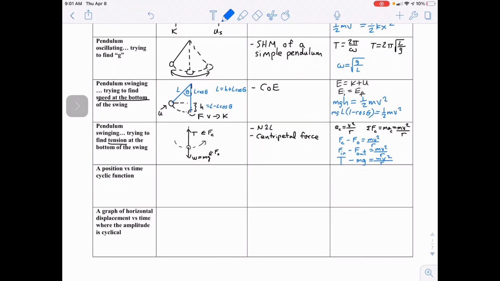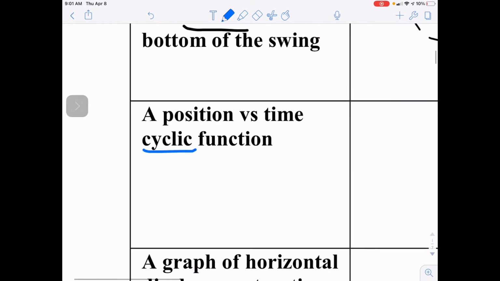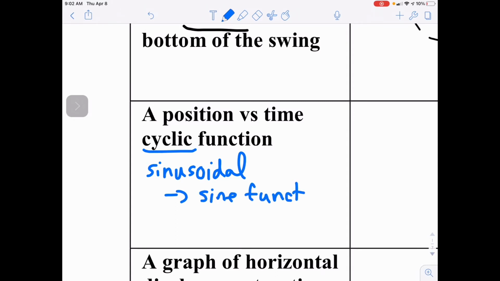All right, in the next scenario, we have a position versus time function, but it's a cyclic function. So cyclic refers to sinusoidal. Now, a sinusoidal function would either be a sine function, a sine graph, or a cosine function. It's going to be one of the two.